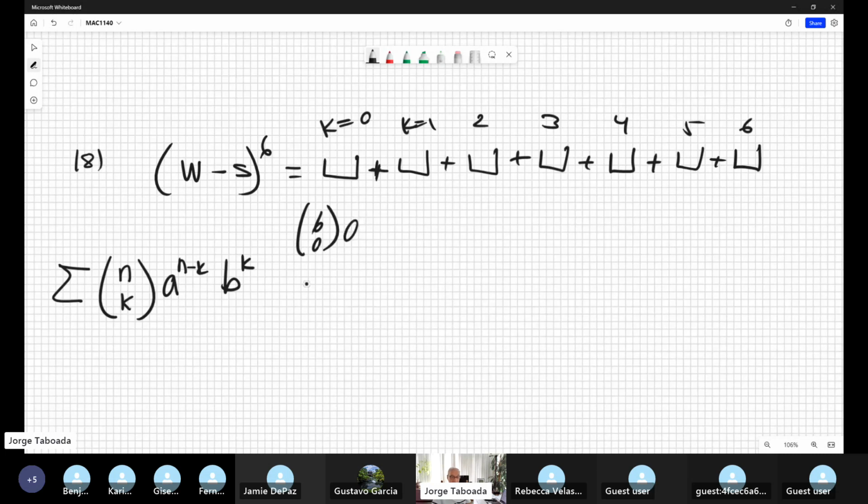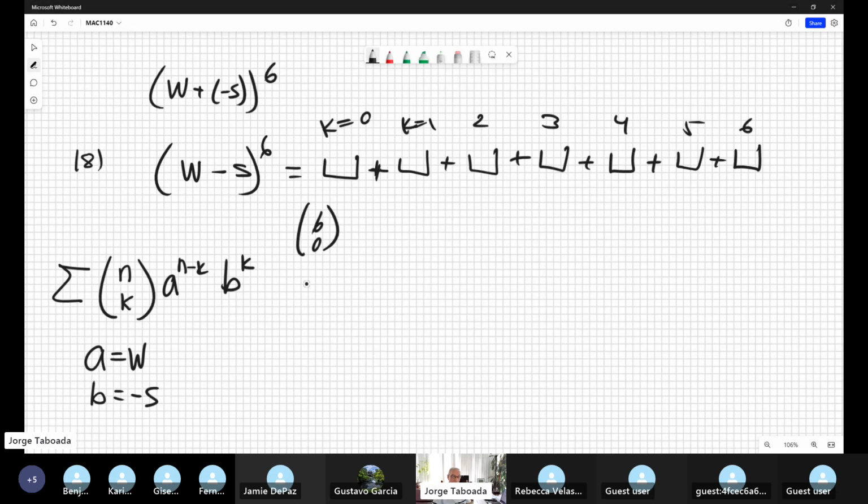A is W in our specific example, and B is minus S. Because the formula for the binomial supposes plus. But okay, if it's not plus, it's minus, it's the same, it's double minus. We suppose that S is negative, so now I have double minus. Well, in this case it's plus minus, which is minus.